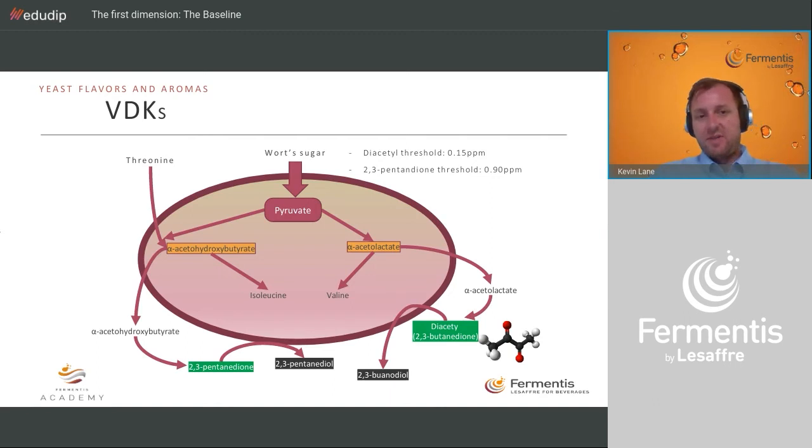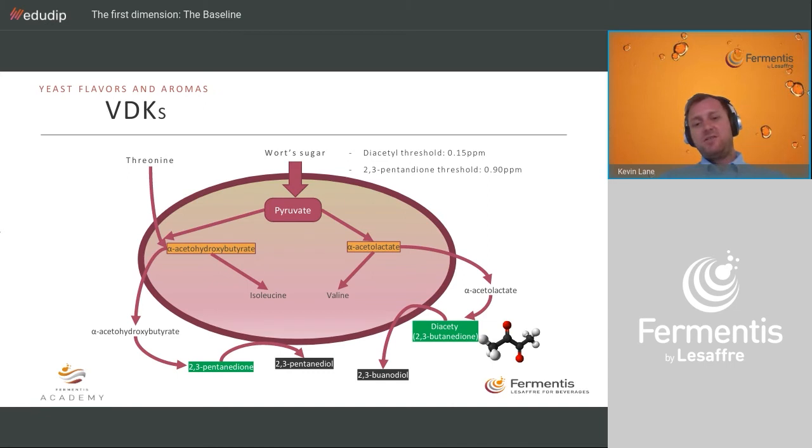Another one of the negative flavor compounds, excuse me, vinyl diketones, VDKs, are produced by the yeast in the growth phase when they're producing isoleucine and valine. It's an intermediate of those productions, causing the release of these 2 compounds here, then being converted to 2,3-pentanedione and 2,3-butanedione or diacetyl extracellular.